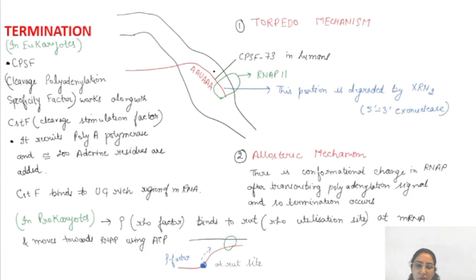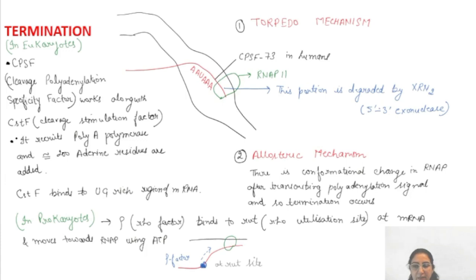So during the transcription, first this polyadenylation signal, that is AAUAAA, gets transcribed. This polyadenylation signal is recognized by CPSF and this protein cuts the RNA molecule here after this signal.